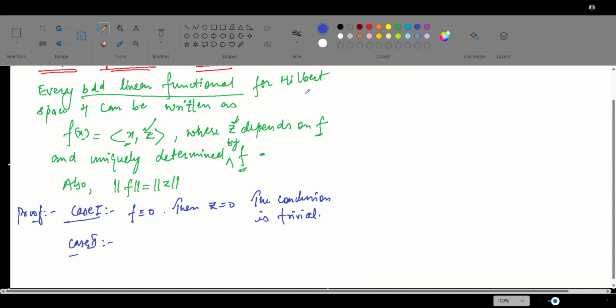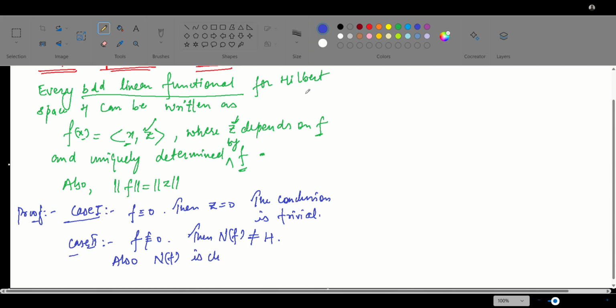Okay, now the second case is if f is not identically 0, then what will happen? Then the null space of f is not equal to the whole space, that is the Hilbert space, right? And also N of f, the null space of f, is actually closed.